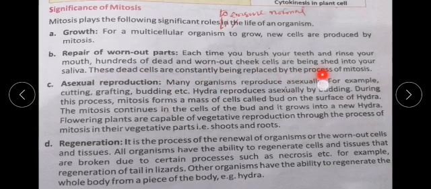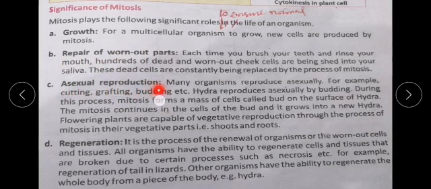And from where do these new cells come? These new cells come by the process of mitosis. So mitosis helps us in repairing of worn out parts or worn out cells, or replacement of dead cells with new ones.